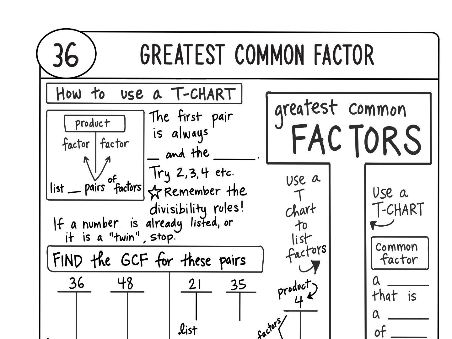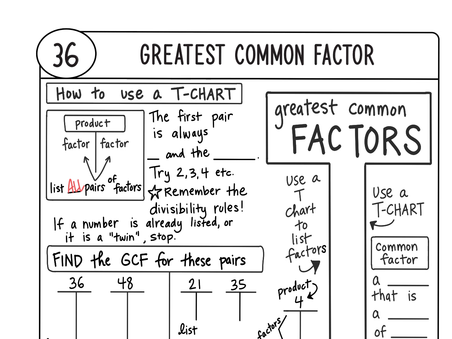Okay, you have your product at the top of your T-chart, and then you have a factor and another factor that equal this product. We're going to list all of our factor pairs that make this product. So in that first blank right here where I was just pointing, we're going to list all pairs of factors.